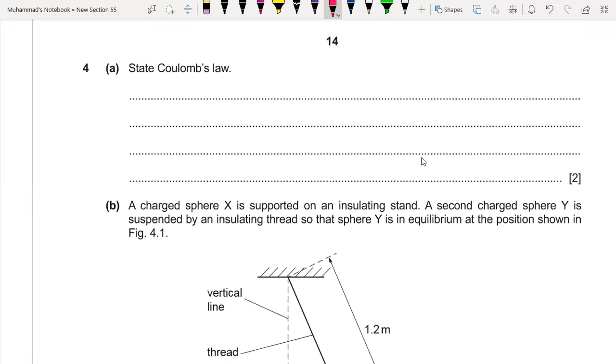Okay, so let's move towards question 4. State Coulomb's law.